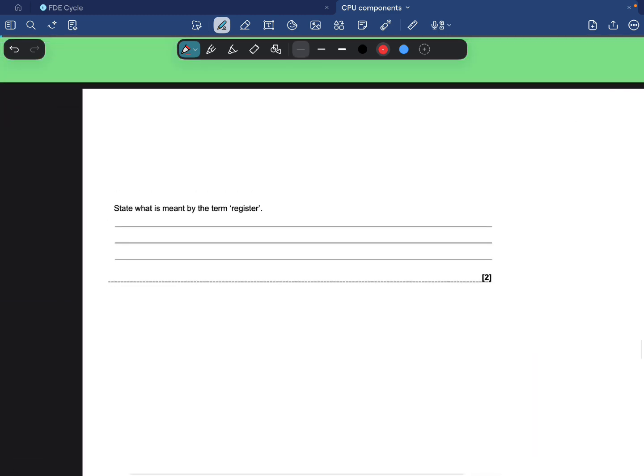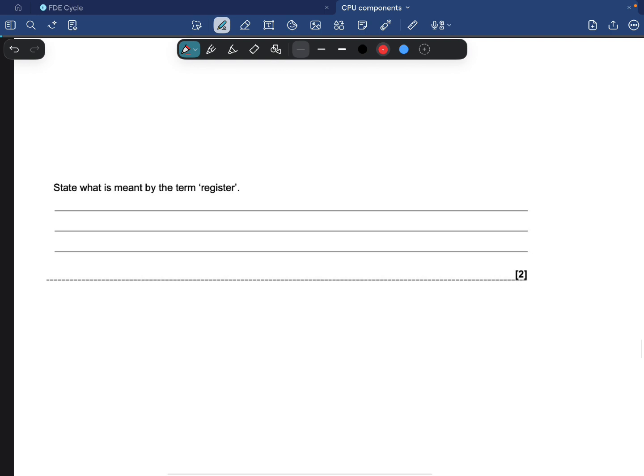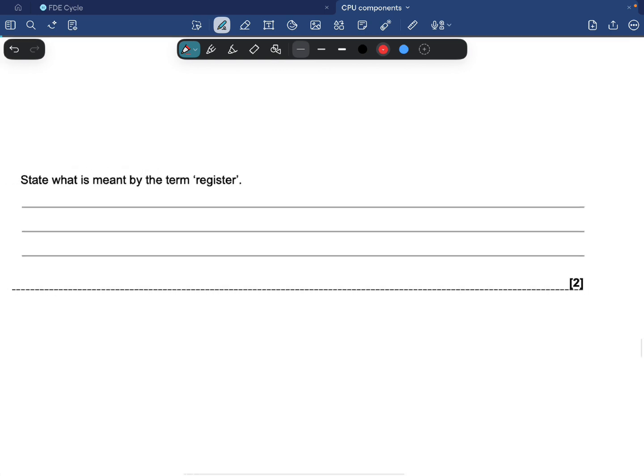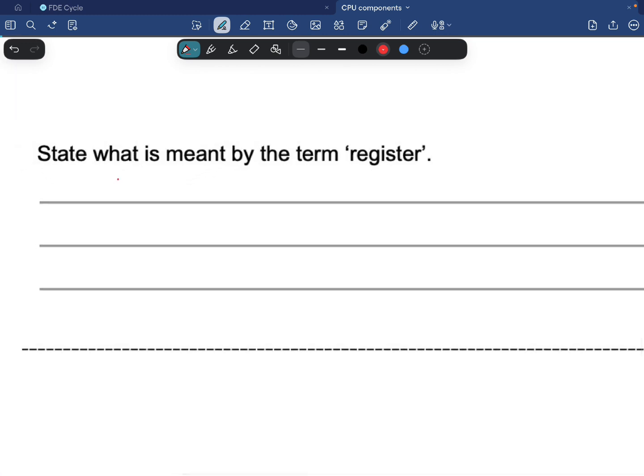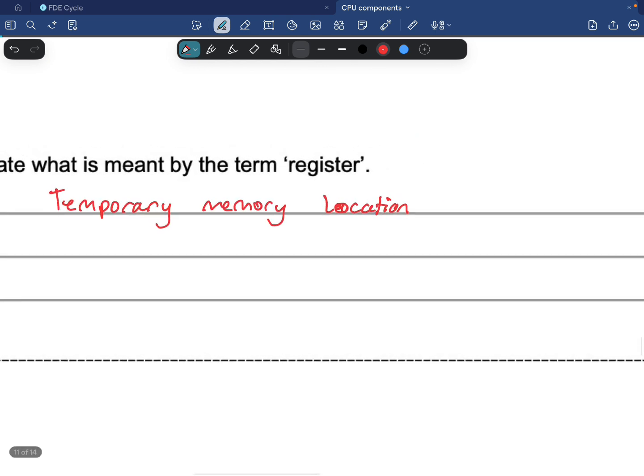Now here I've got a question for the registers. State what is meant by the term register. Only 2 marks, so 2 points. So we said that it was a temporary memory location inside the CPU.